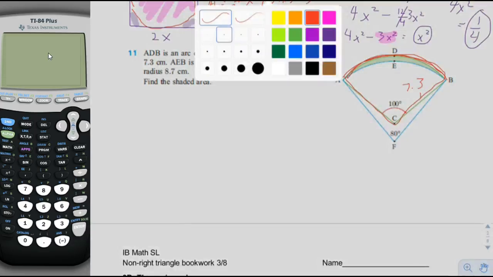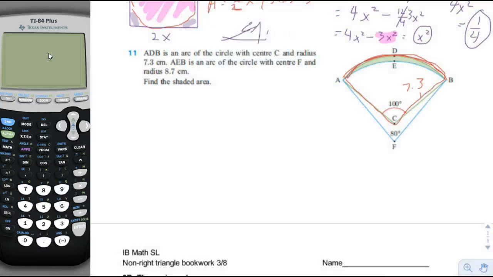AEB, we're going to draw AEB. AEB is an arc of a circle with center F and radius 8.7. Okay. Find the shaded area. So the shaded area is this pink region, which is in between both.